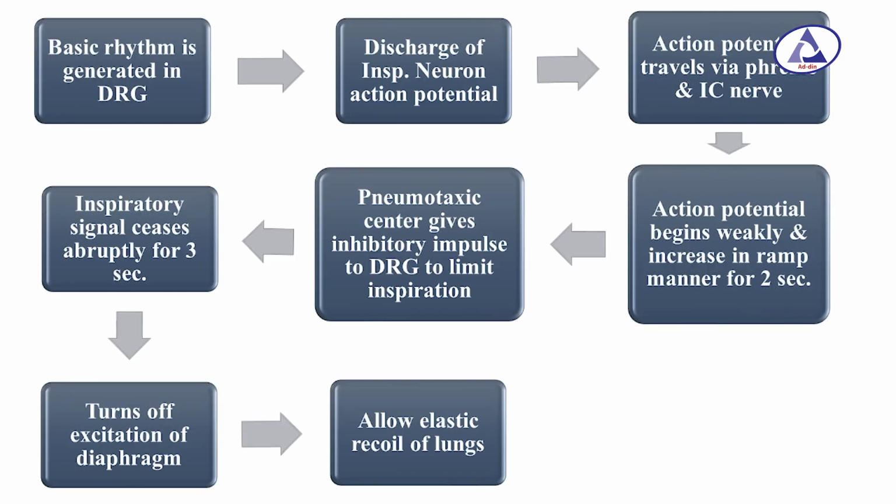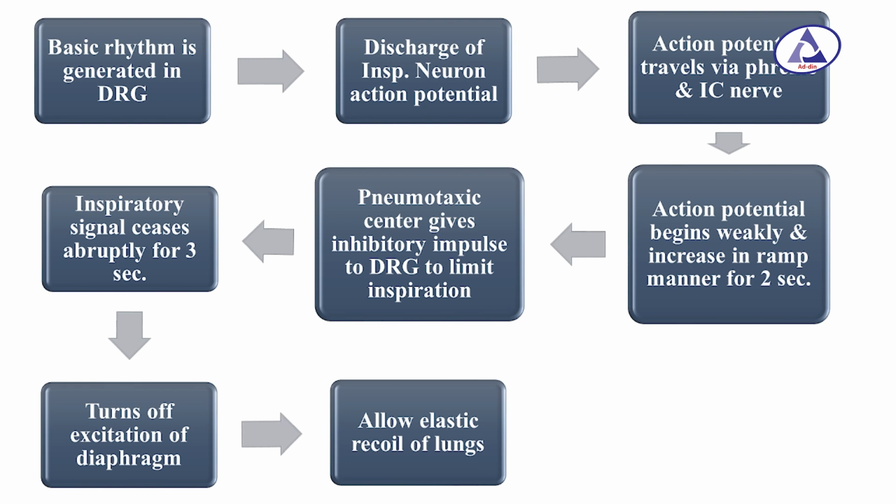Look, you can write it in a flow chart. The basic rhythm of breathing is generated in the dorsal respiratory group, DRG. What do you mean by this? Dorsal respiratory group. Then these neurons discharge some signals.